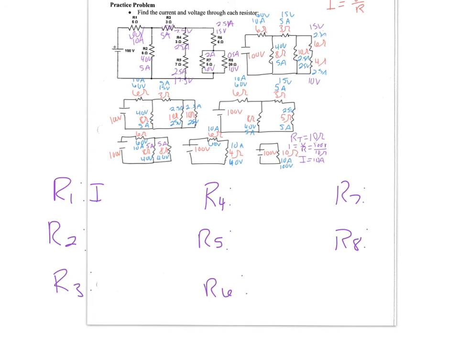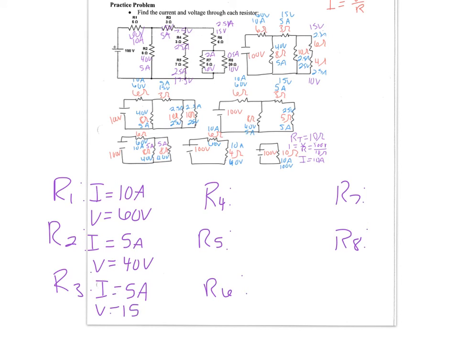R1, current equaled 10 amps, voltage equaled 60 volts. R2, current was 5 amps, voltage is 40 volts. R3, we have 5 amps and 15 volts. R4, 2.5 amps and 7.5 volts.